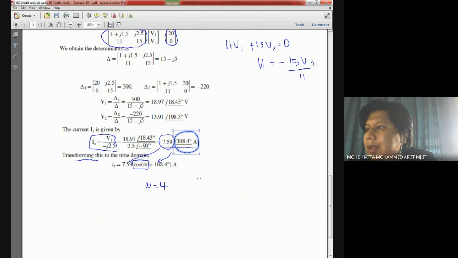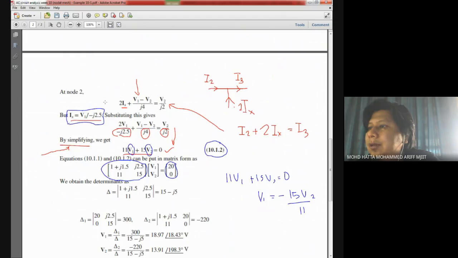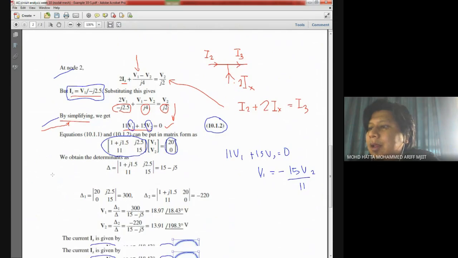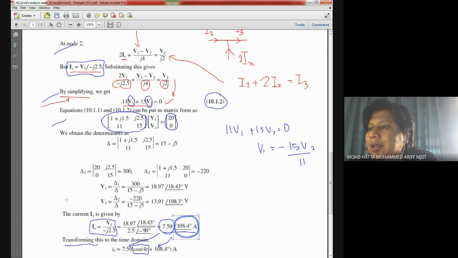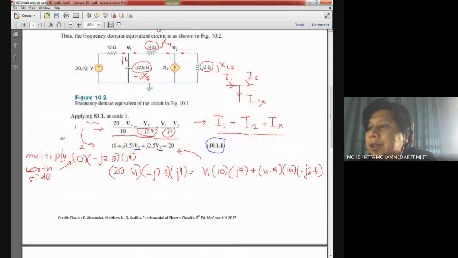But for me, I think the difficult part is not here. The difficult part to analyze the circuit is here, this part, of course, until you get to this part. These four parts are very crucial, that is for note number 1 and note number 2. For note number 1, I think the conversion from this equation into this kind of form is very crucial, because you tend to make mistakes over here.